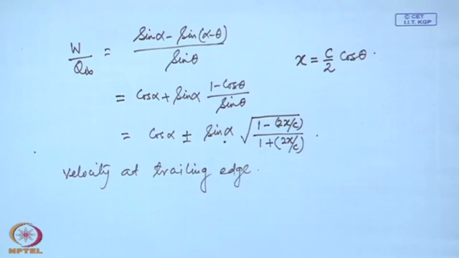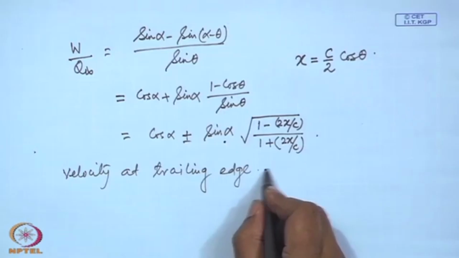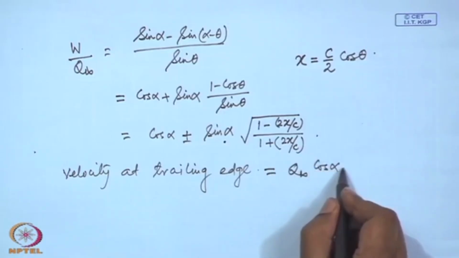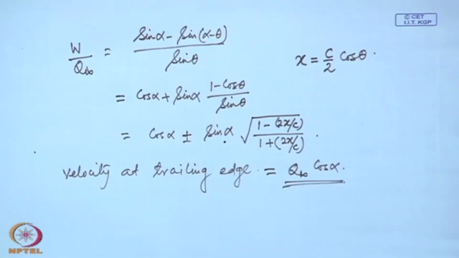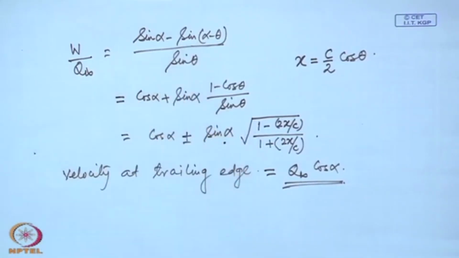Remember, the velocity at the trailing edge we derived in general is q infinity cos of alpha plus beta. In this case, beta is 0. So the velocity at the trailing edge is q infinity cos alpha. You can get it from these two relations, but not from this.